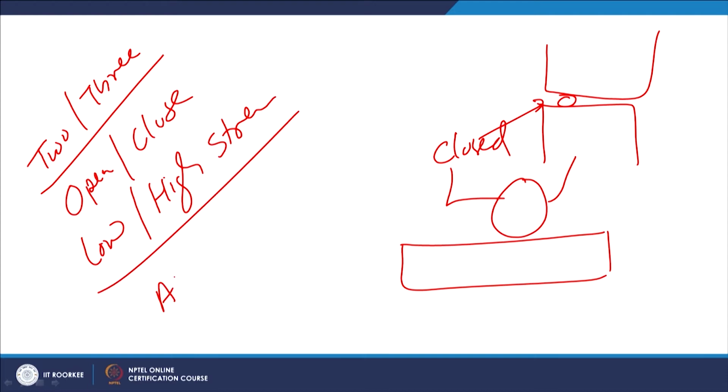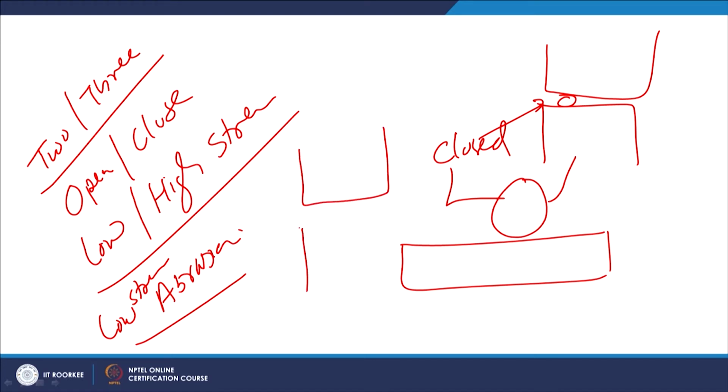In case of low stress abrasion, wherever conditions exist like in three body abrasive wear, the loading conditions are such that the abrasive is able to retain its size and shape and it is not crushed.